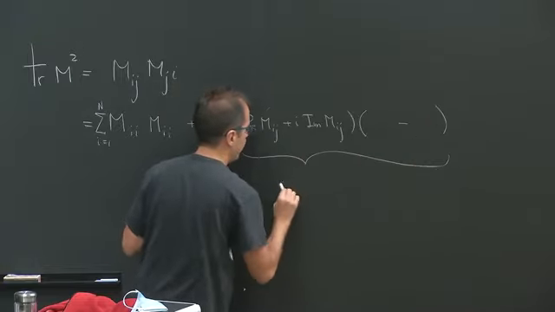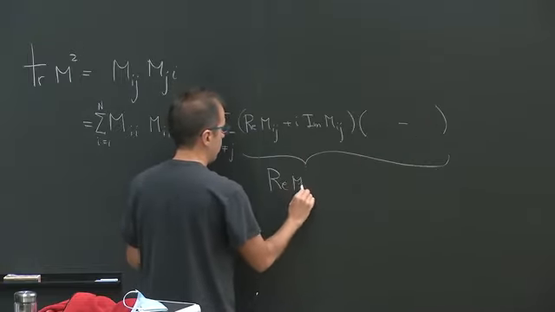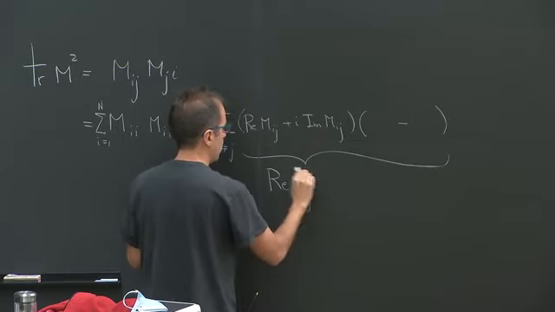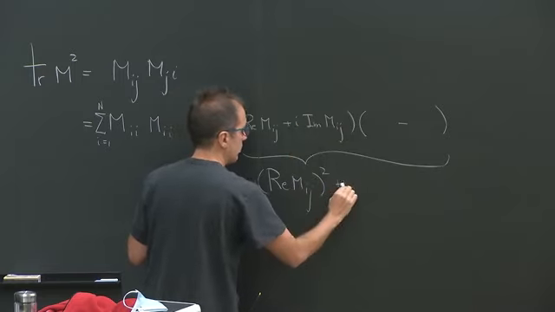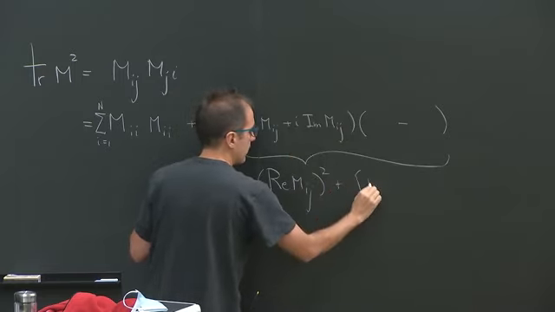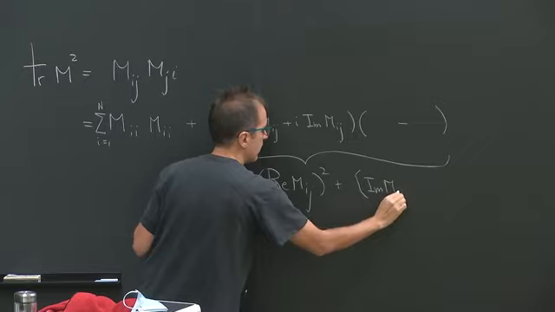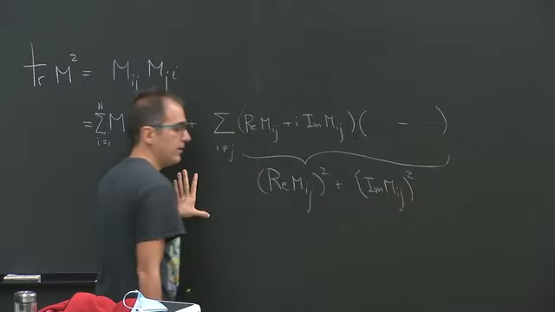And so this stuff is real part of Mij square plus the imaginary part of Mij square, right?